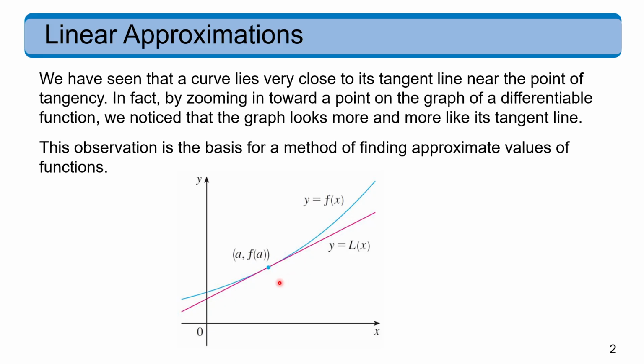And the more you zoom in towards this point, the more the green curve or the blue curve and the red line look the same. So that's our whole concept here, is that as long as you stay near the point where it's tangent, the tangent line is actually an approximation to the graph of f itself.